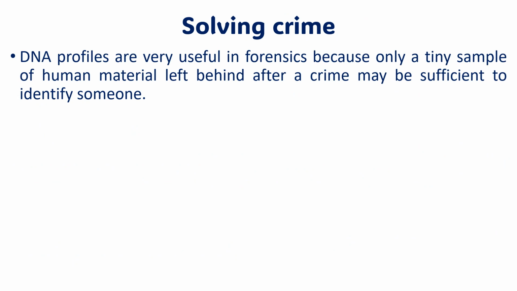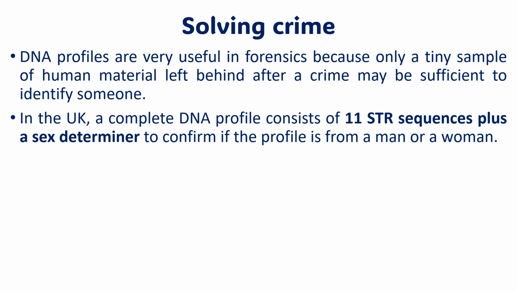Now, how do we solve crimes using this? DNA profiling is very useful in forensics, because only very small samples of human material are left at crime sites, and that may be sufficient to identify someone. Different countries use different STR sequences.